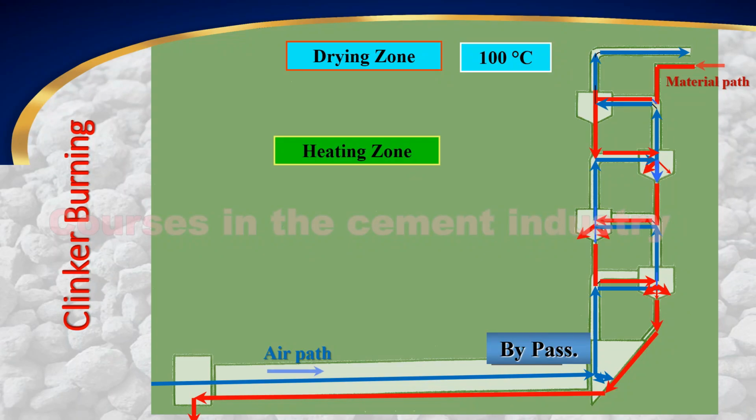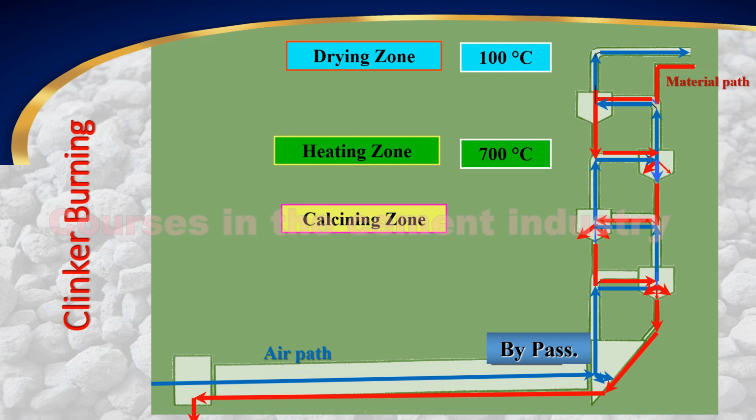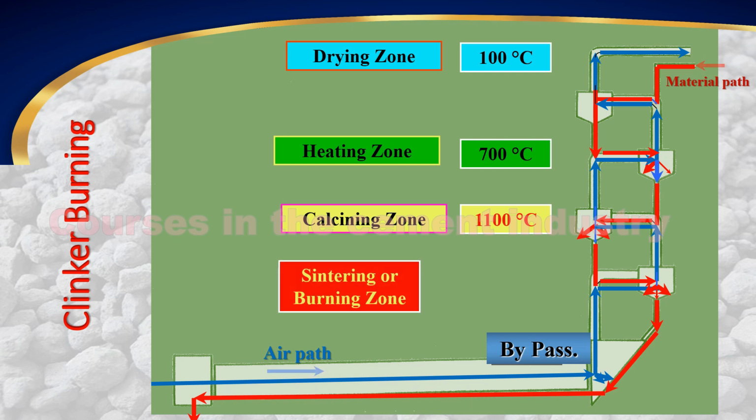Heating zone. The temperature in this zone is 700 degrees. 3. Calcining zone. The temperature in this zone is 1100 degrees. 4. Sintering or burning zone. The temperature in this zone is 1450 degrees.